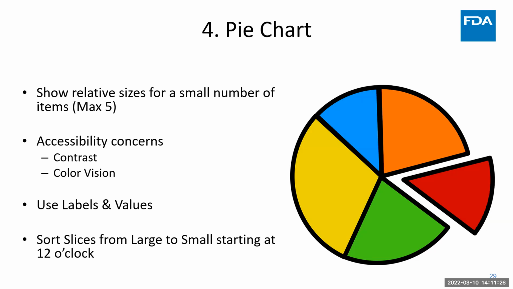Also, it's important to use labels and values so that people can have something to compare, rather than just relying on the actual size of the slice. Another thing to consider with a pie chart, you're dealing with typically percentages. What part of the whole is in each slice. But again, they look pretty, but the best thing you could do is highlight some particular aspect of your data.